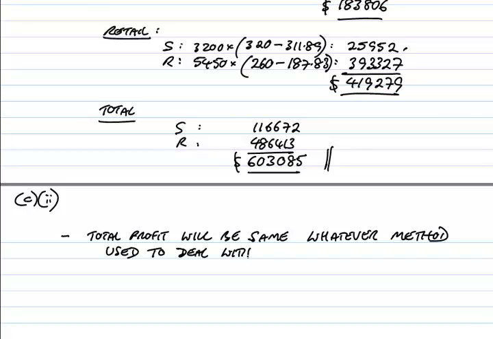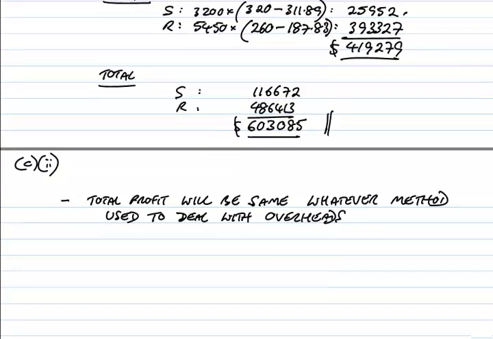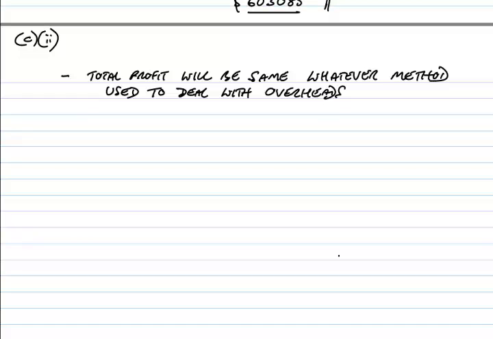Now think about that, make sure you're clear that for the company as a whole there's no question the total overheads are 877,620, and the total profit will be approximately 603,000. So in that sense, it doesn't make any difference. Why bother having all the hassle of activity-based?